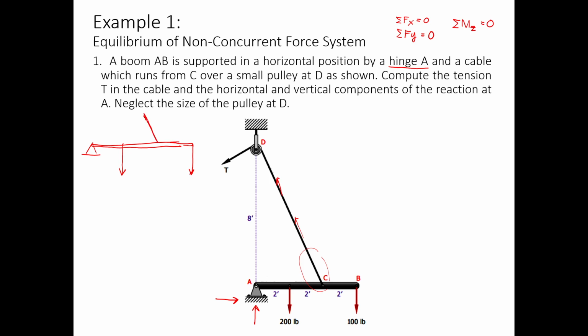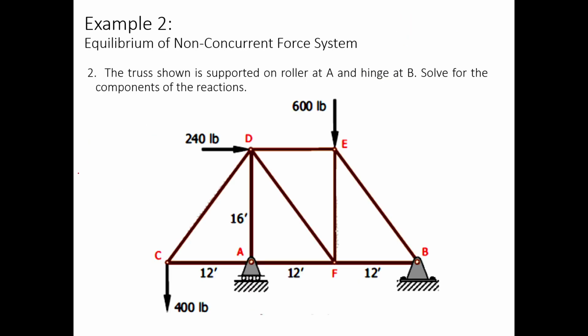And since it's tension, it's pulling upward. That will be our T. This is 200 pounds. This will be 100 pounds. And the tension at cable T is unknown, so this will be T. And then we're going to have two reactions.